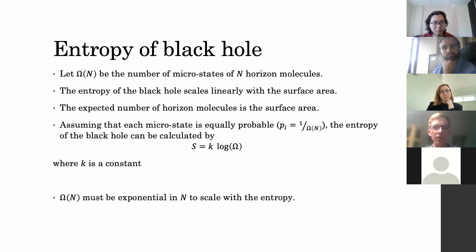So if we take the microcanonical ensemble and assume that each microstate is equally probable, we can use the Boltzmann formula for entropy. And this is where we need our counting prescription omega. If we examine this Boltzmann formula, we see that omega of n must be exponential in n so that it scales linearly with the entropy.